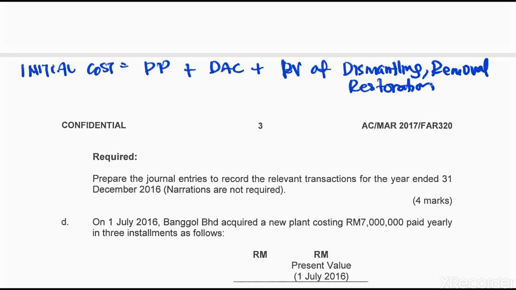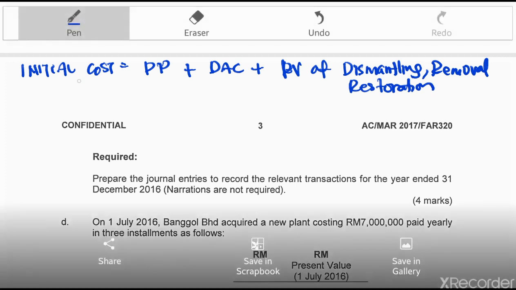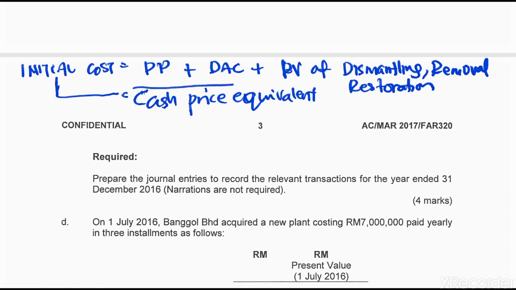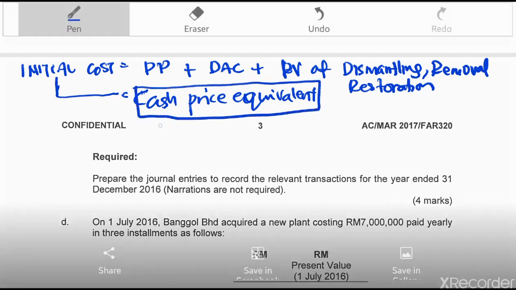Now we are coming to the next part. We're still saying initial cost, but now initial cost is equal to cash price equivalent. The issue is, when does this so-called cash price equivalent arise?